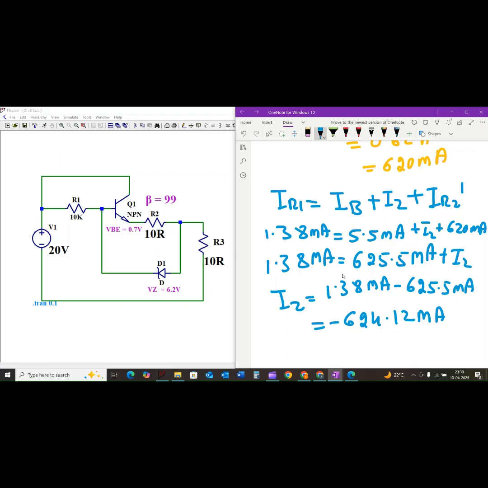We get a negative current for IZ, which is impossible for a Zener diode in reverse breakdown. This tells us that our initial assumption that the Zener diode is regulating at 6.2 volt in this circuit configuration is likely incorrect.